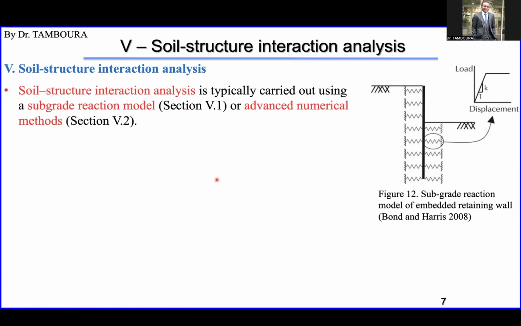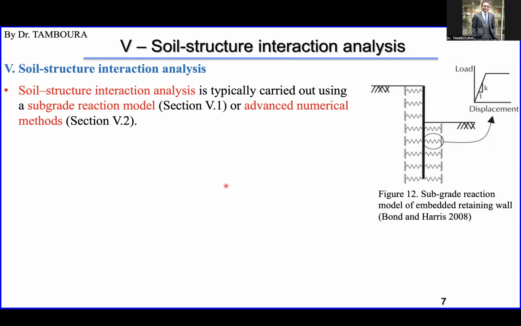Okay. So again, we use the subgrade reaction model. We will talk about this later. If you want to do soil structure interaction analysis, this is what you use typically, or you use an advanced numerical method. So you have two options, and we are going to discuss both options in this lesson.